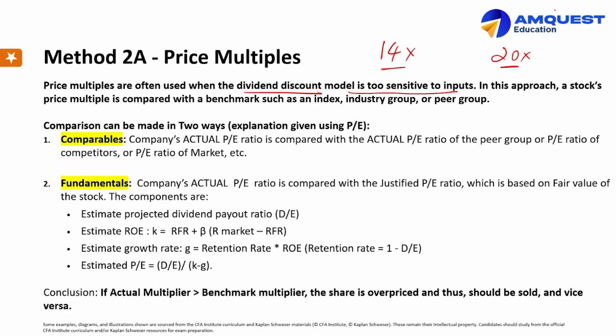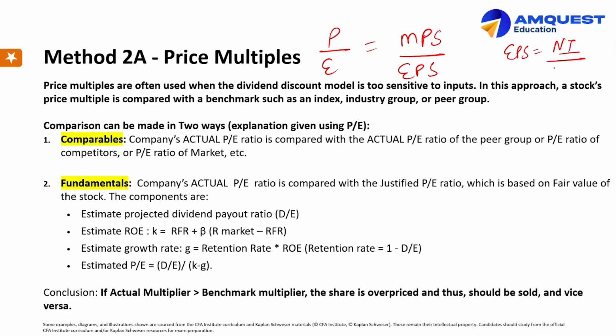Fundamentals: the actual PE ratio is compared with the justified PE ratio. Now, the formula. PE ratio is MPS, market price per share, which is the current market price, divided by EPS. EPS is net income divided by number of equity shares.